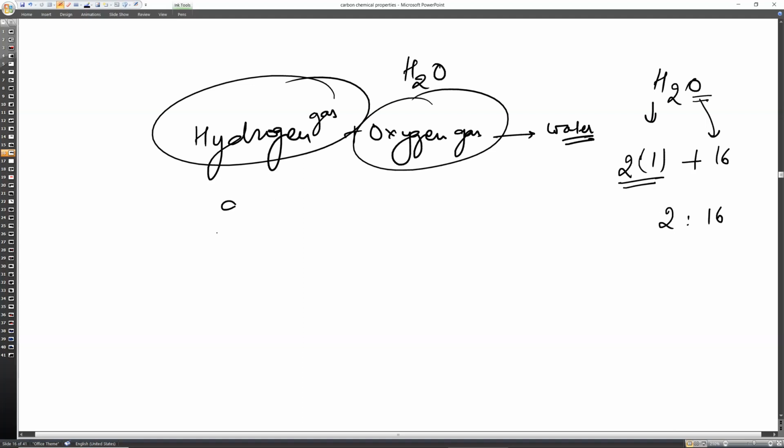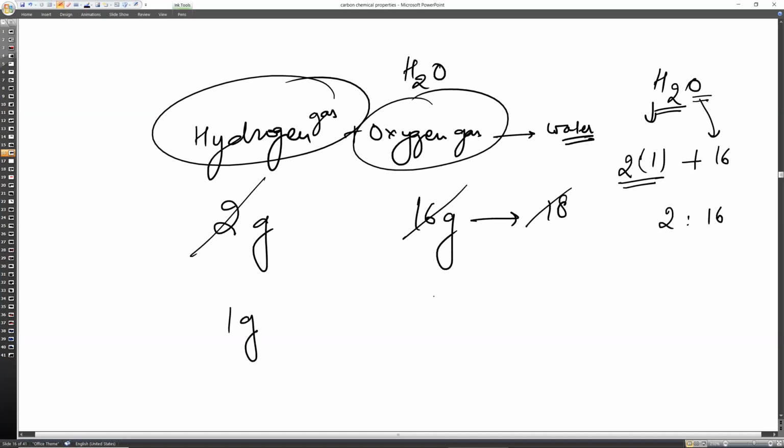When 2 grams of hydrogen react with 16 grams of oxygen, it will give you 18 grams of water. You can simplify this by dividing by 2. When 1 gram of hydrogen reacts with 8 grams of oxygen, it will give you 9 grams of water.